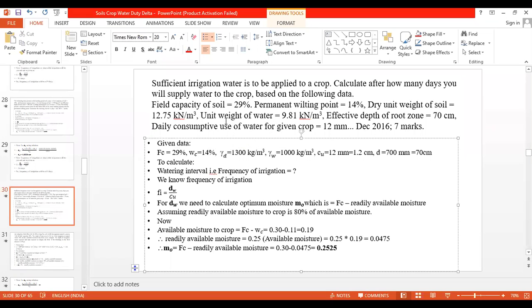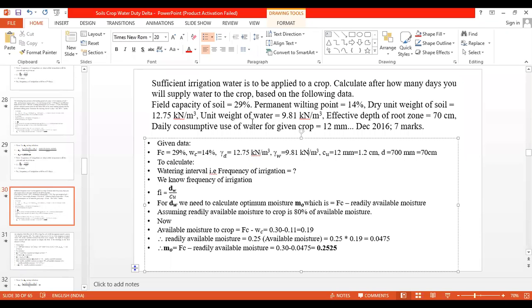Then gamma d, that is the dry unit weight of soil, 12.75 kilonewton per meter cube, and that for the water is 9.81 kilonewton per meter cube.